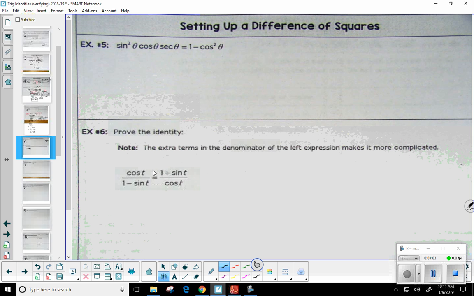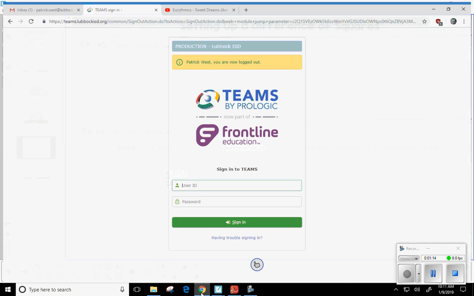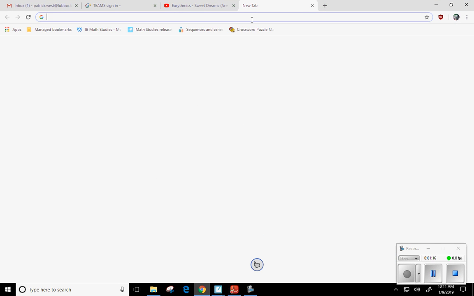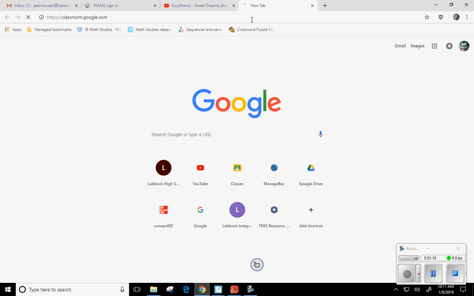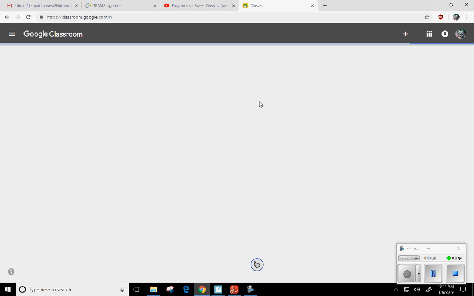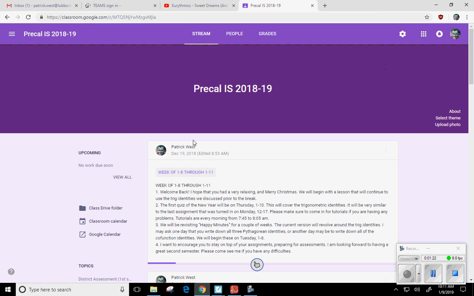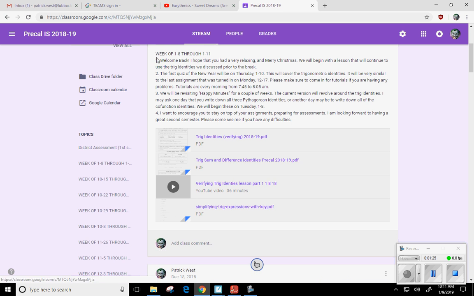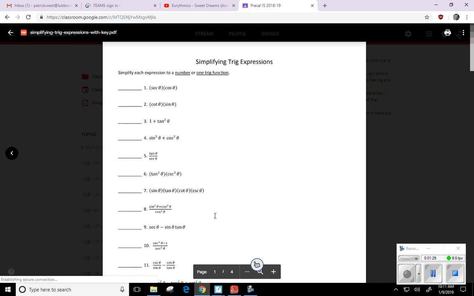Somebody in first period did ask me if there were any additional problems they could use to practice, so I did a quick search. If I go to our Google Classroom, in the current week, the 8th to the 11th, right here at the bottom, is simplifying trig expressions with the key.